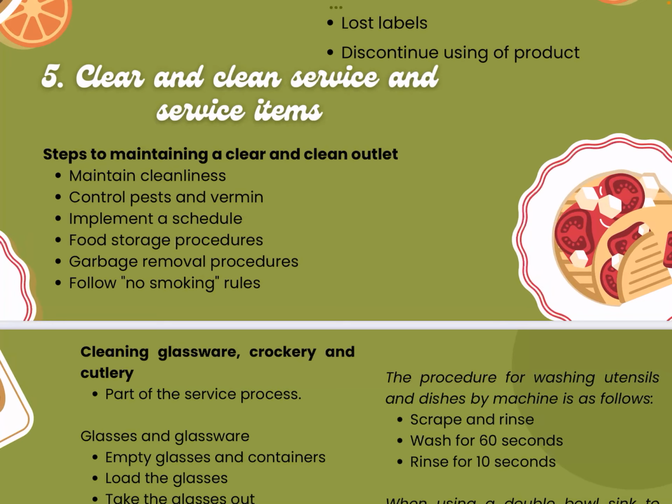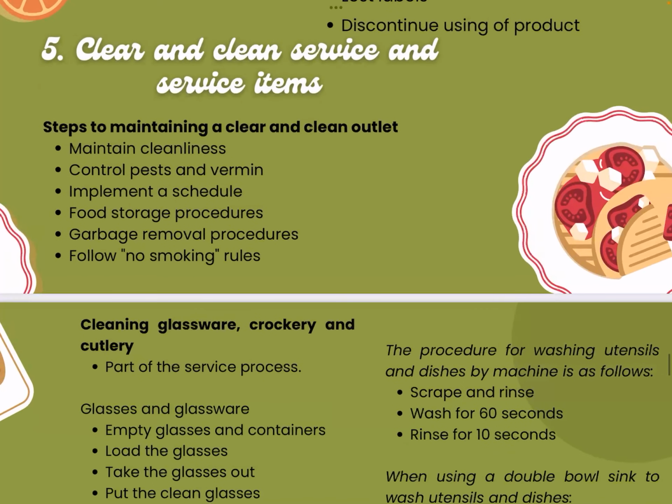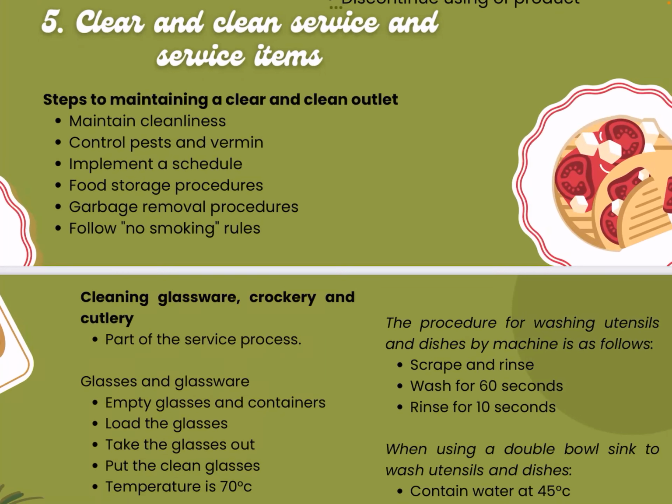That means cleaning from top to bottom, the ceiling, the walls, down to the floors, and any other open areas like the food store. And follow smoking rules. That is very straightforward. You're not supposed to let guests who are smoking sit in a non-smoking area.